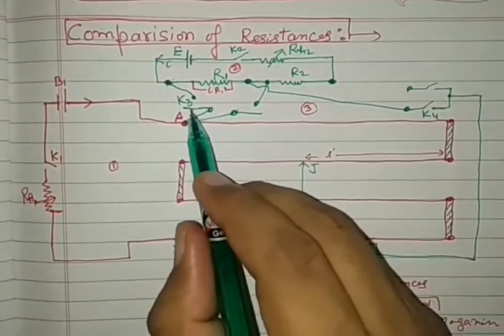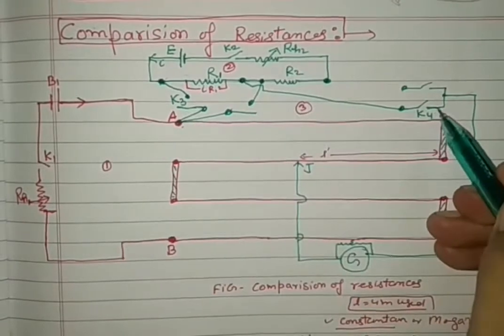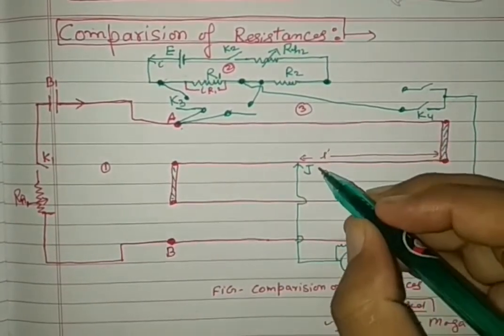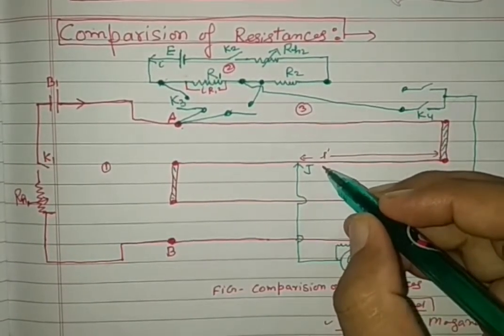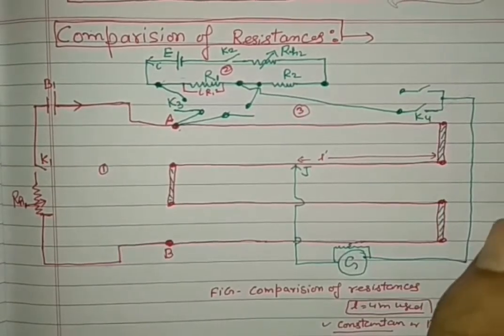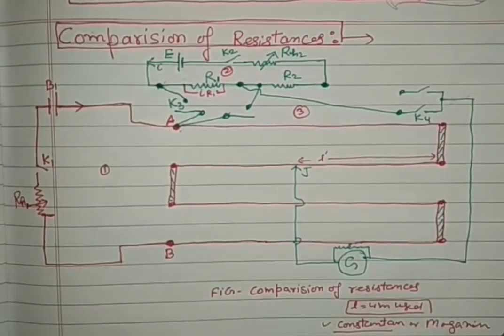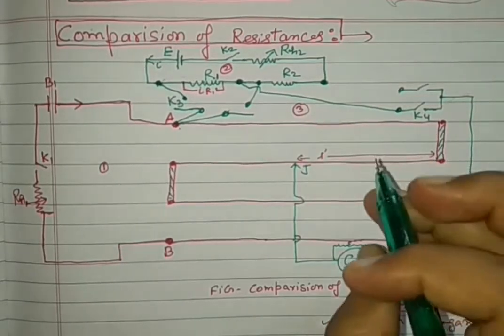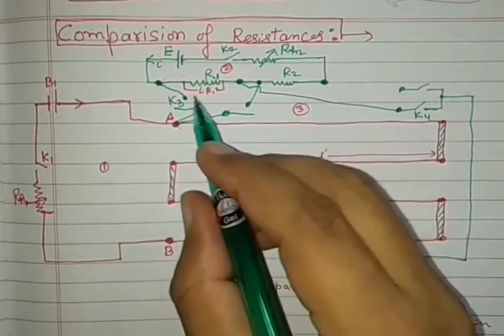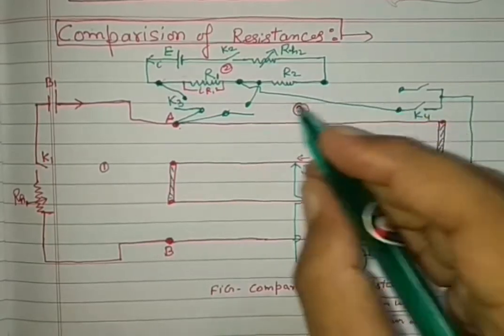You are requested to open the keys K3 and K4 once you have got the null point in the first case. Now see, in the second part, K3 and K4 are open.